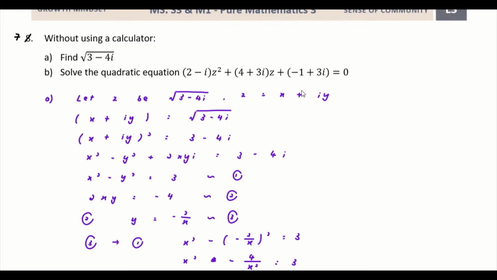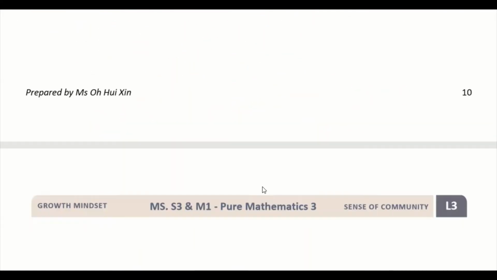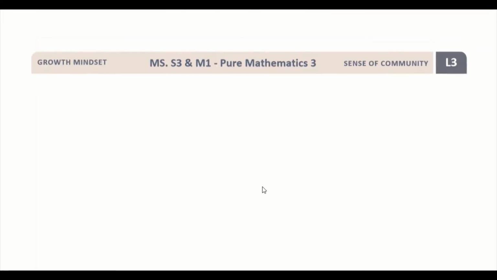Okay, so let's try to solve this. I'll do it on a second new page here because it will be kind of long. Let me copy the equation here first. Sorry, it should be 2 minus i. Then z squared plus (4 plus 3i)z plus (minus 3 plus 3i) equals 0.